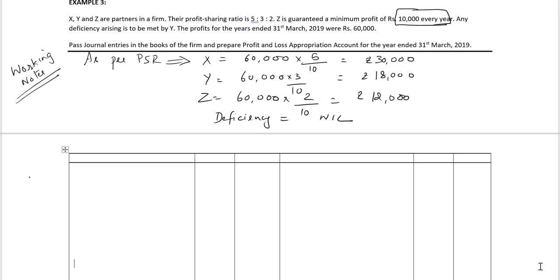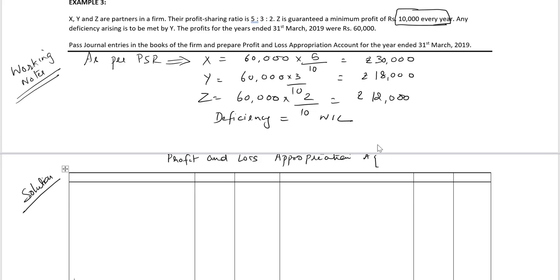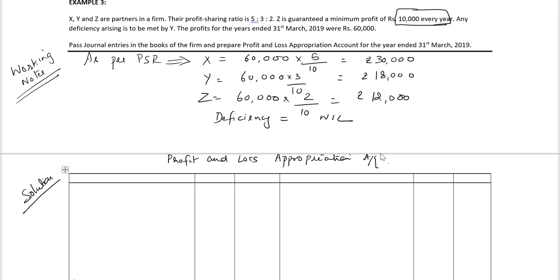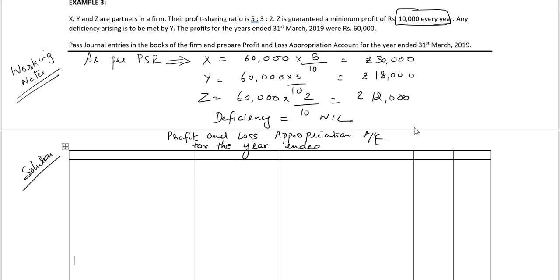Same sum. Solution for the profit and loss appropriation account. Profit and loss appropriation account for the year ended 31st March 2019.